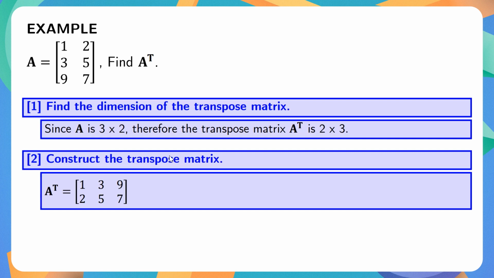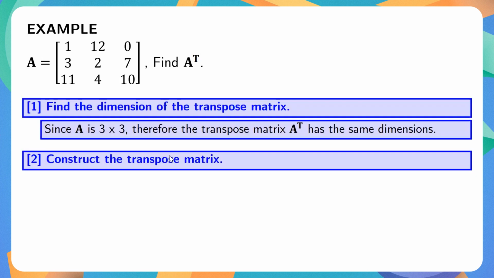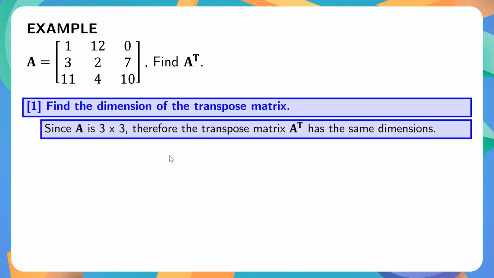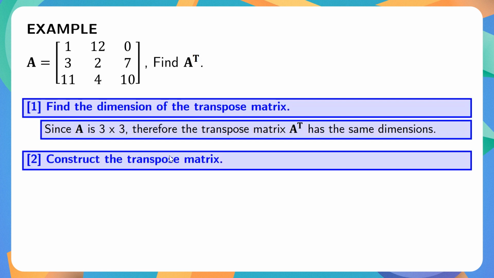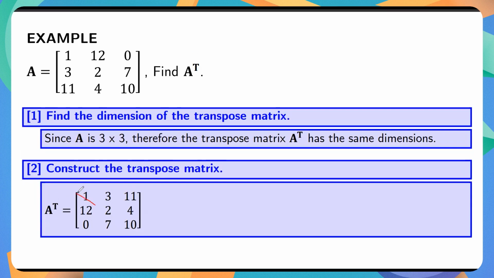So that is for this example. Next, if you have a square matrix, a 3 by 3 matrix, nothing would change in the dimensions because it's still 3 by 3. And in constructing the transpose matrix, we get something like this. Again, like I mentioned earlier, the elements at the diagonal don't change their position.